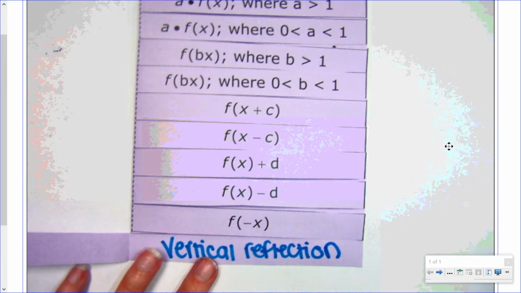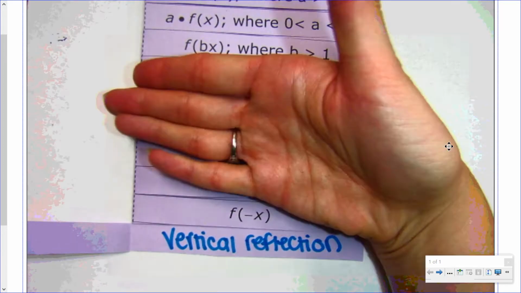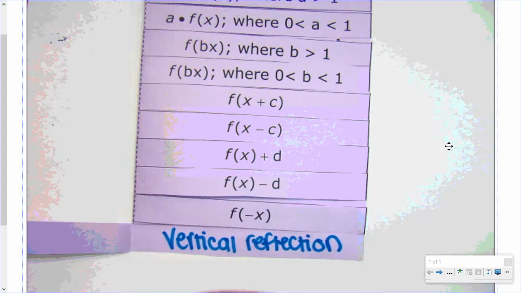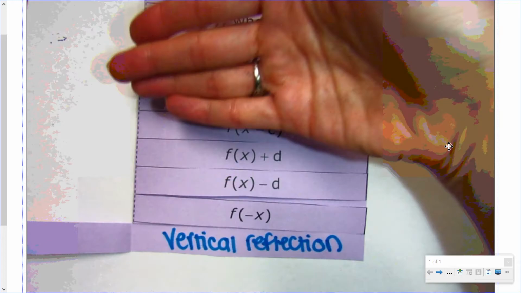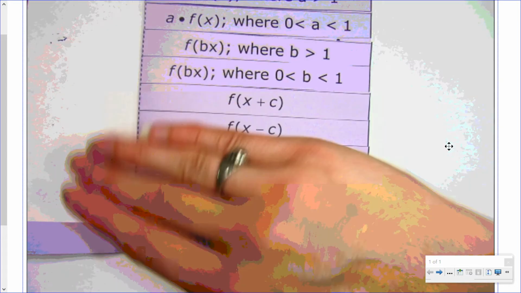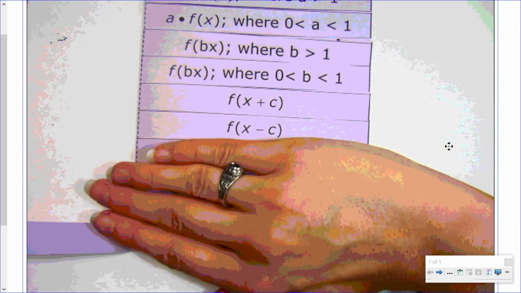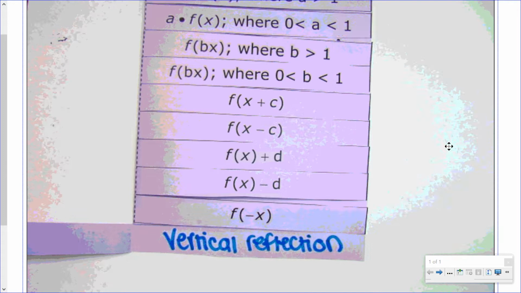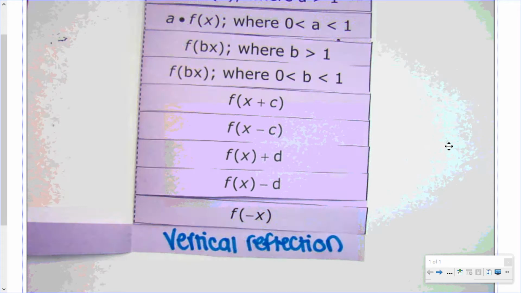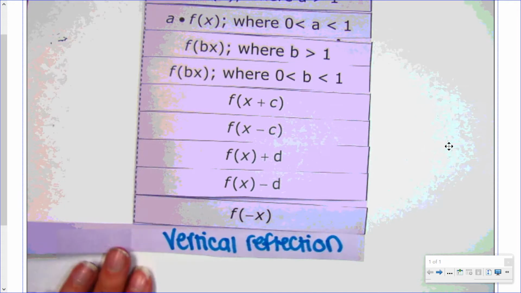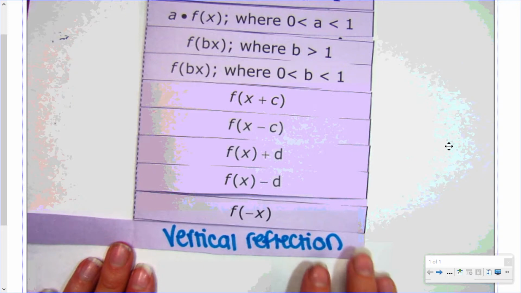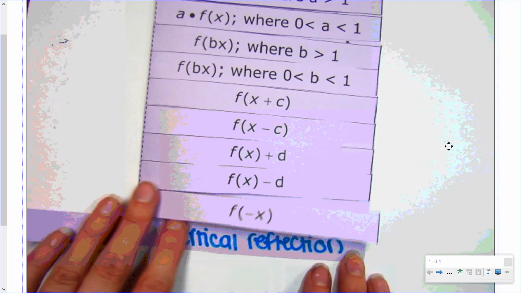Okay, so if you think about it, again, I'm going to be flipping it over, and it's going to appear that I am actually flipping over my x-axis here. Okay, so it's a vertical reflection because it's flipping up or flipping down, but it's flipping across the x-axis. So keep that in mind when you're thinking about your reflections.